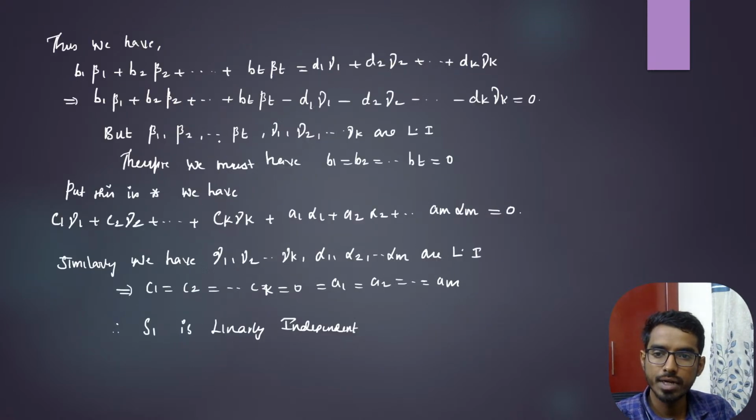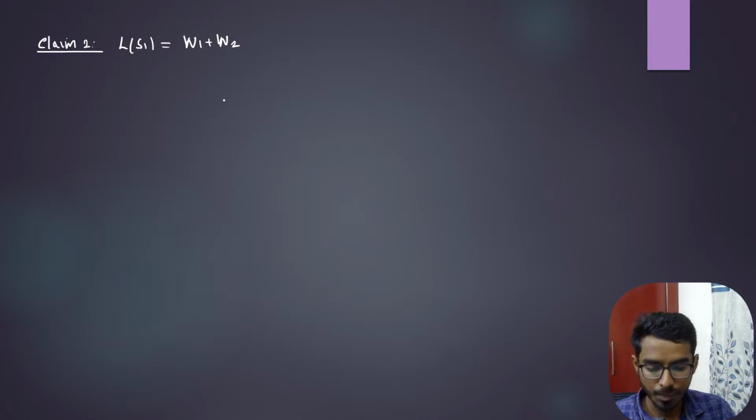Now I need to show that L of S1 is W1 plus W2. Whenever we need to prove equality, we need to show this is contained in this and this is contained in this, right?